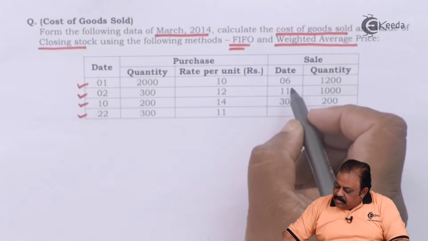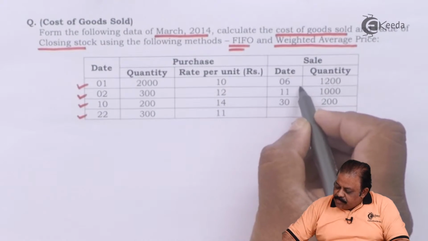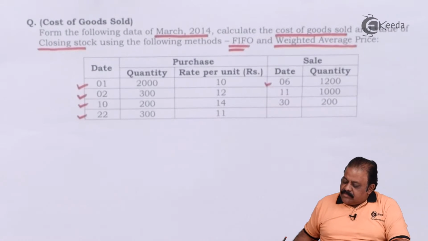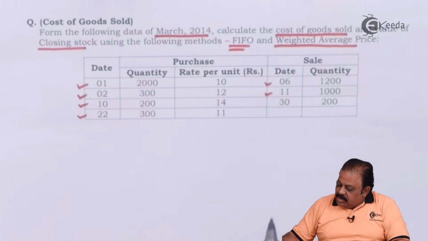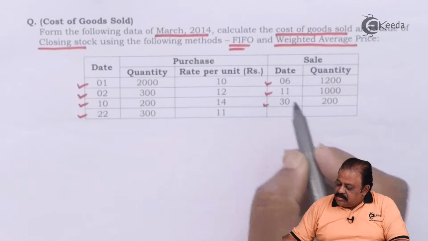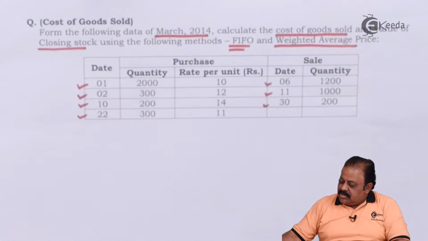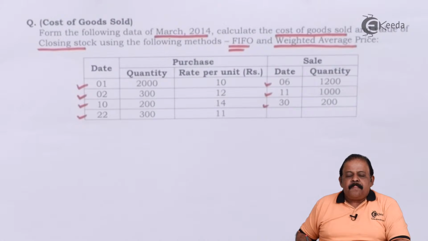Sale on 6th March, 1200 units. On 11th March, 2000 units. On 11th March, 1000 units. On 30th March, 200 units.